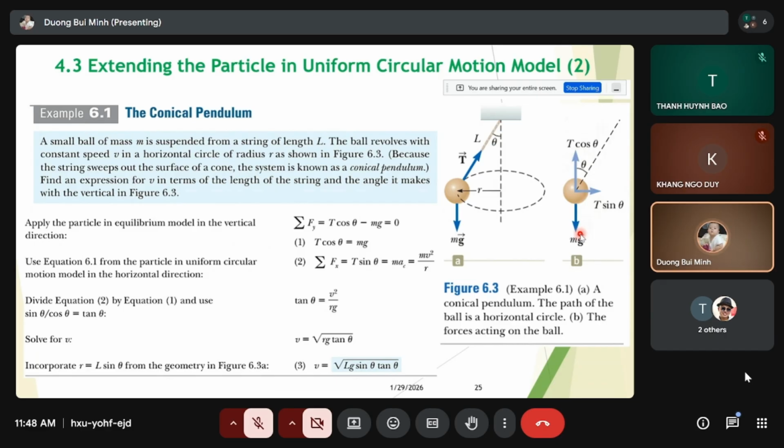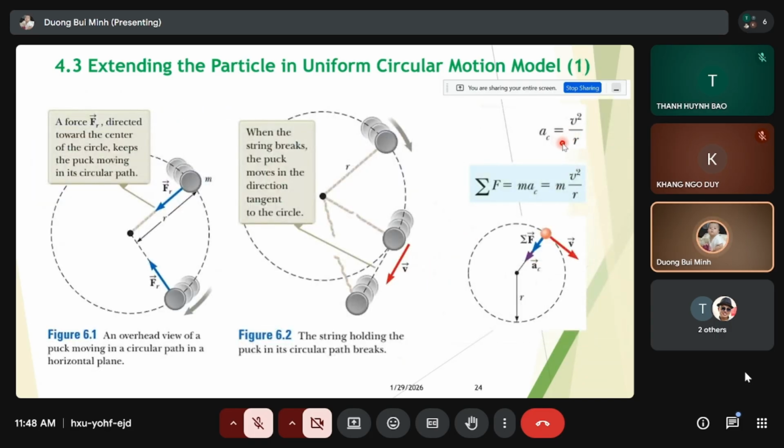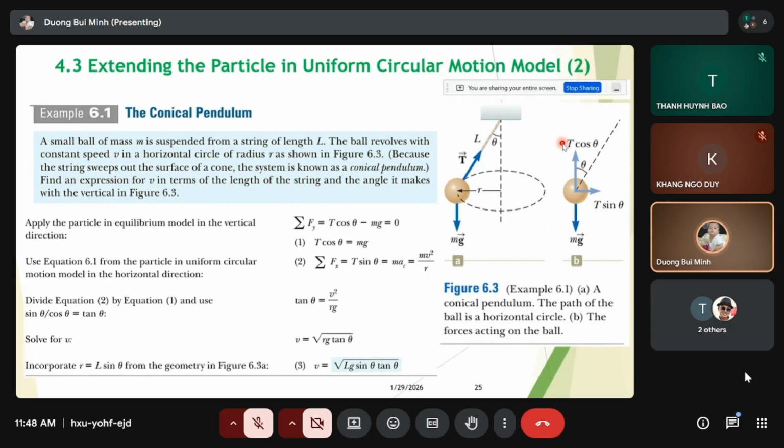But you need to calculate acceleration. We know this is a uniform circular motion, so we can get AC, and AC is V square over R. We discussed that before, right? Now we can apply Newton's second law. Considering the y-axis direction, T cosine theta minus mg is 0, because ay is 0.